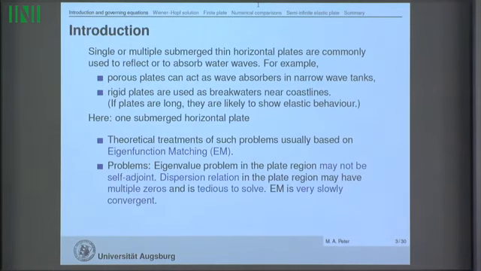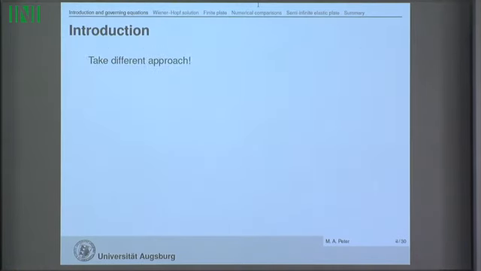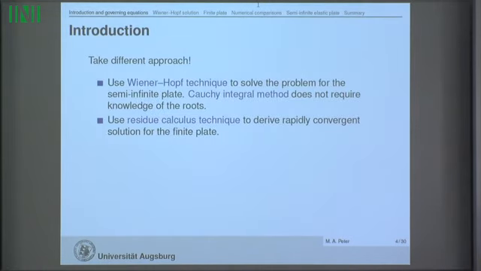The other thing is that the eigenfunction matching method is typically quite slowly convergent. If you're not too interested in high accuracy, for practical, engineering type purposes, that's usually not a big problem. But if you look at it more closely, you realize that it is rather slowly convergent. So what I want to do is take a different approach and, obviously, use the Wiener-Hopf technique.